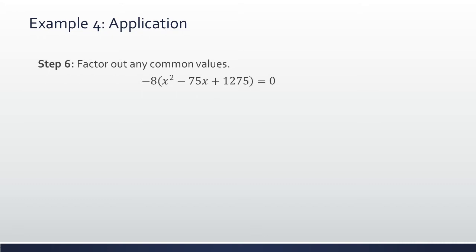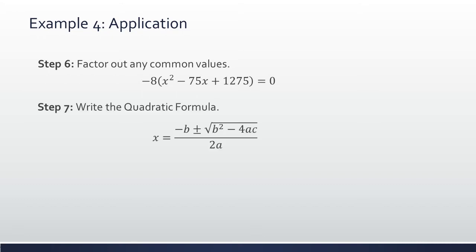From here, we're going to start plugging into our quadratic formula. So write out the quadratic formula. You should know this by now. We were tested on it already. Now, what we want to do is substitute our values of A, B, and C. So you're looking at the equation in the parentheses now, because we can divide both sides by negative 8 and make it go away.